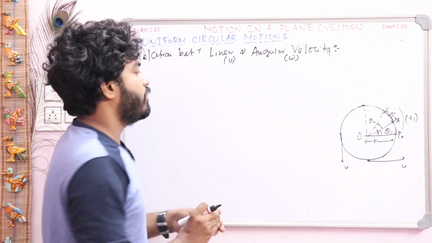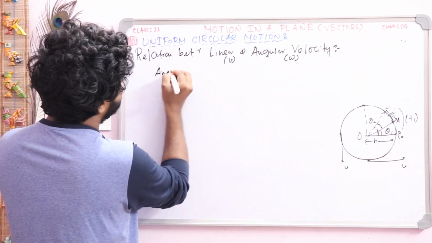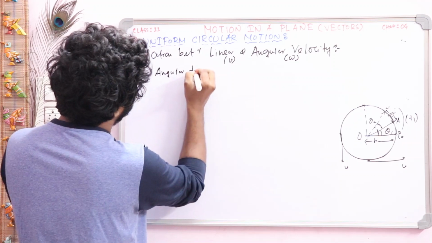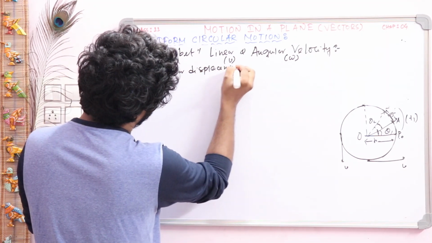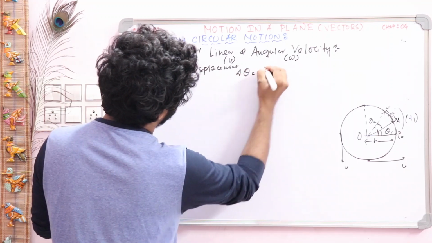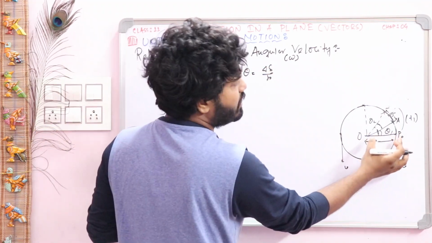So write it down. Angular displacement del theta is equal to del s by r, that is arc by radius.